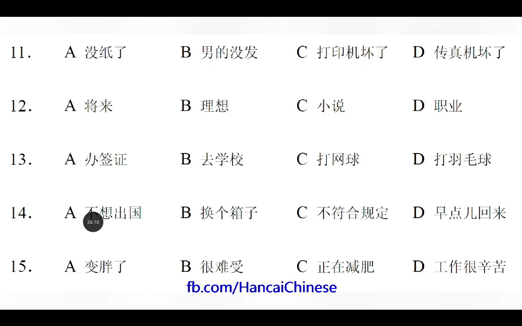Here it's mentioned 不想, it means don't want. But in the audio we listen to 去过, they didn't mention anything, they don't want to go anywhere. Okay, this is a trap for you. Listen to it again, please.